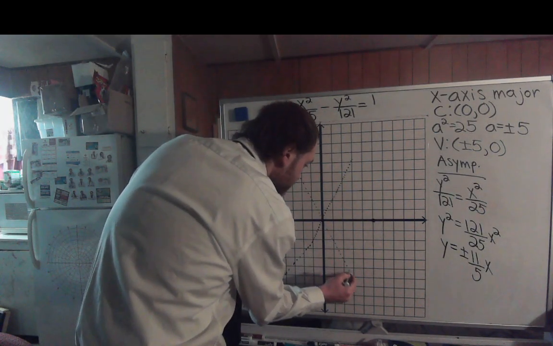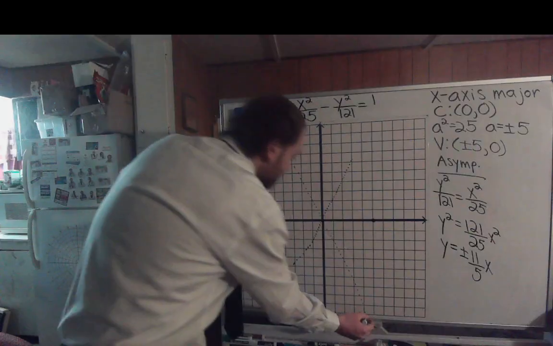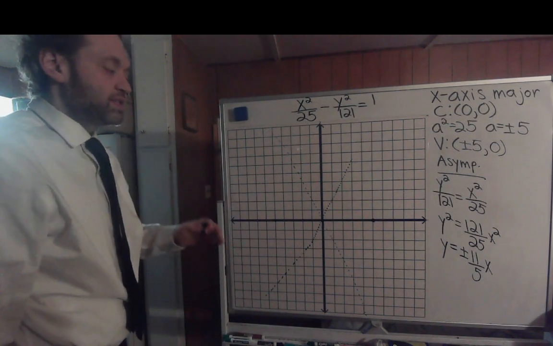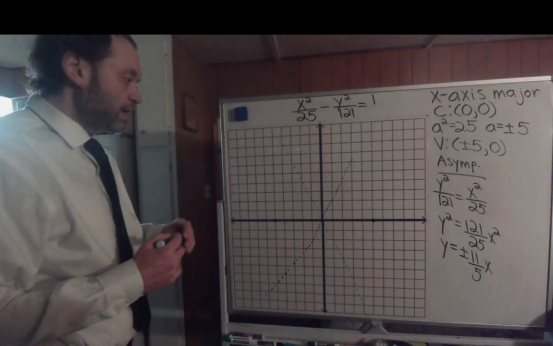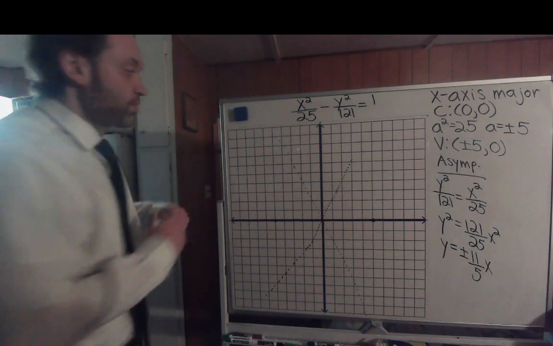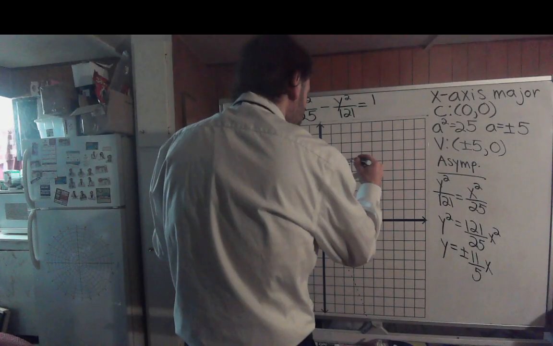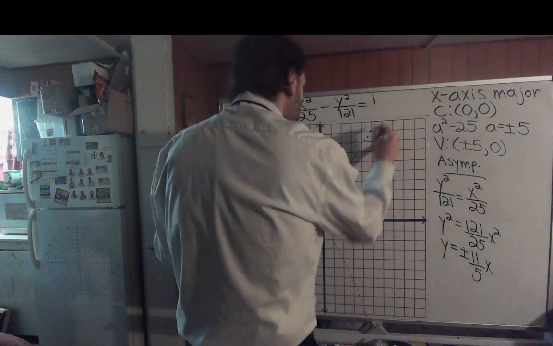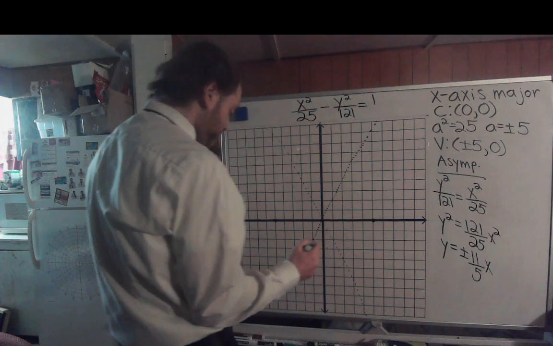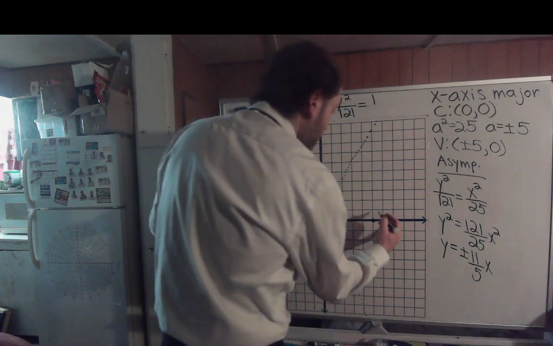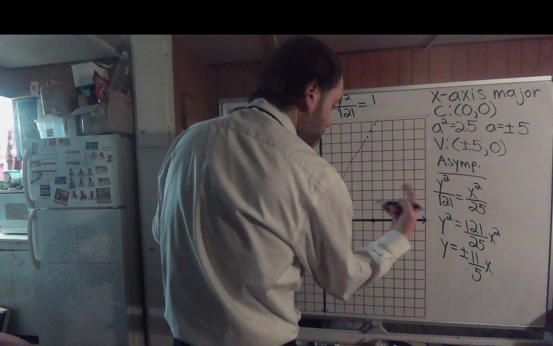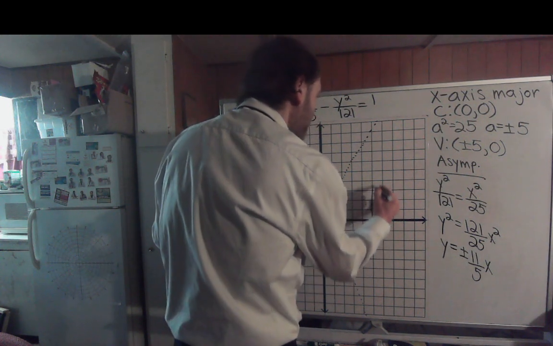So basically, it's just finding your points and then drawing your asymptote lines through that. Now, I'm probably going to extend these a little bit just to help us with the sketch. Alright, we have sufficient points now to draw the hyperbola.